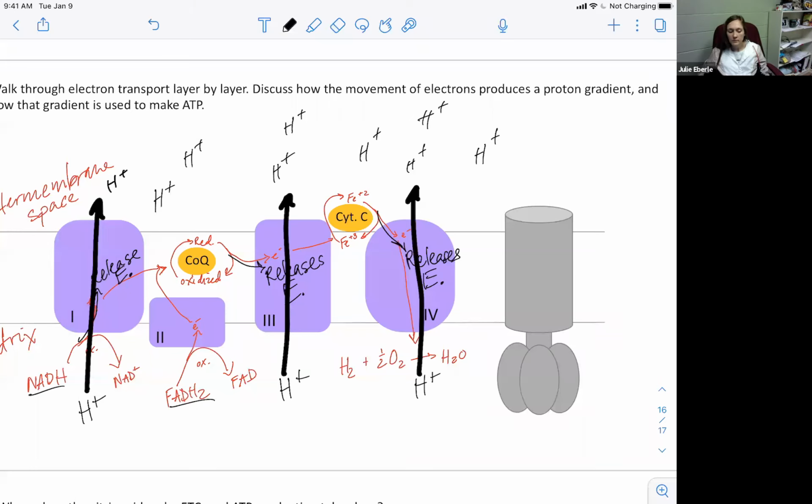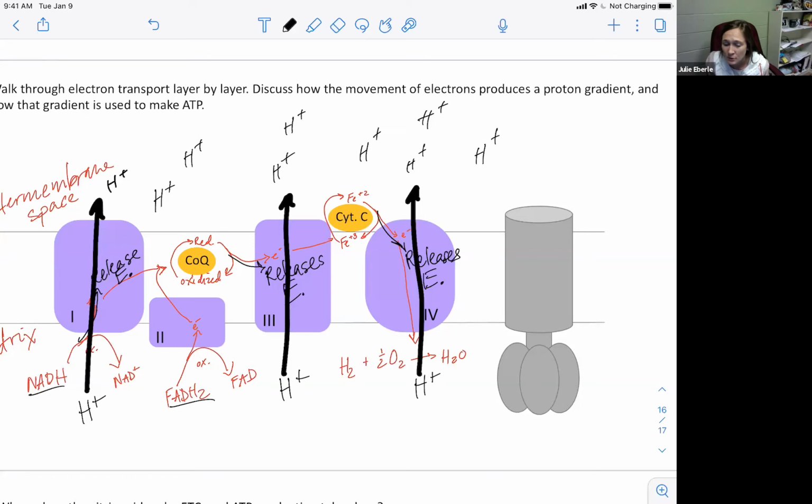Okay. So the energy comes from the redox reactions, from the cycling of oxidized to reduced forms. Oxidation reactions are generally always favorable. They release energy. Okay, so complexes 1, 3, and 4 pump the hydrogen ions. And then how is this used to make ATP?